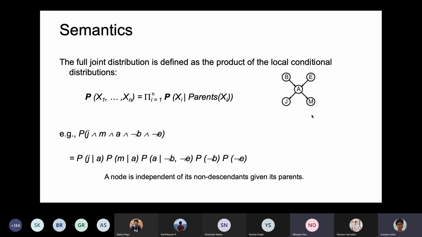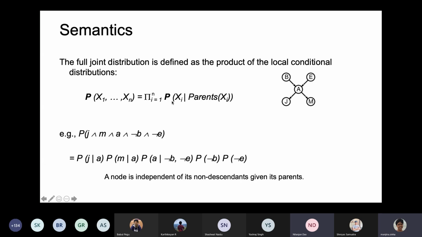So what does conditionally independent mean? The joint probability is just the multiplication of the individual probabilities, right? So P of x1 through xn, the joint distribution of all the random variables, is actually the multiplication of each P of xi given the parents of xi.